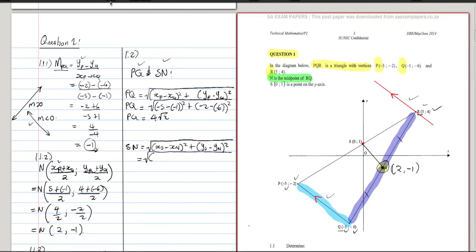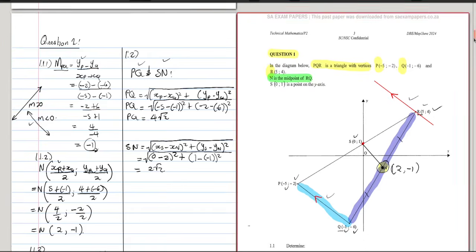So xs is 0, minus xn, that's 2, squared, plus ys, 1, minus yn, that's negative 1, squared, equals, then we calculate 0 minus 2 squared plus 1 minus negative 1 squared, and then I get 2 square root 2.